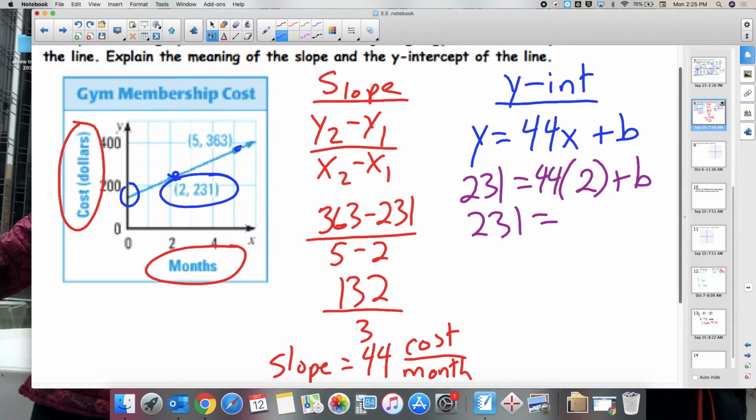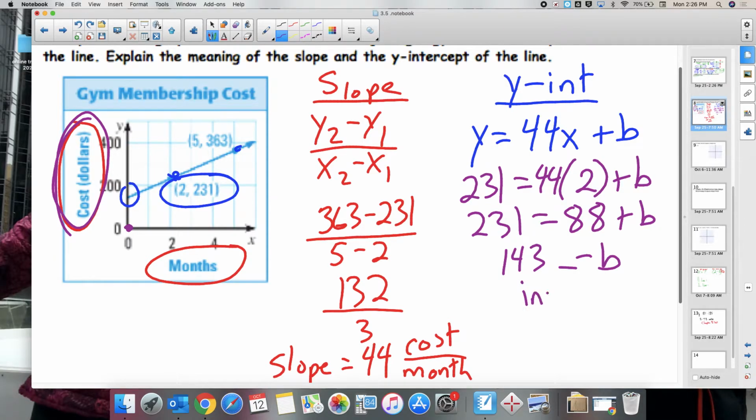231, 44 times 2 is 88. So I got to subtract it over. So I'm doing 231 minus my 88, and we get 143. Now that is my y-intercept. So that is my cost when x is 0.